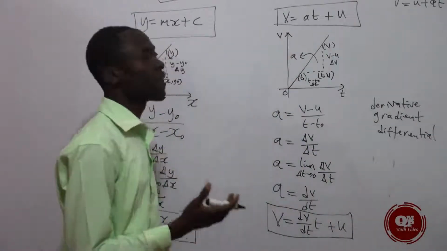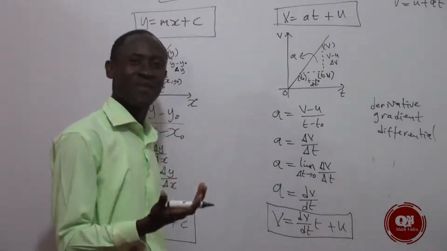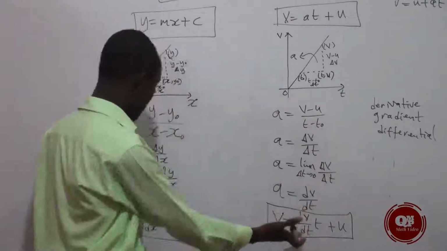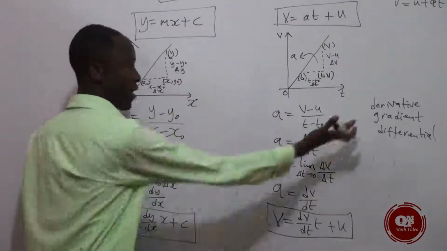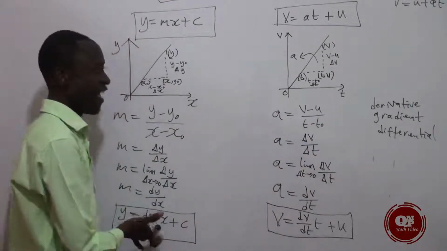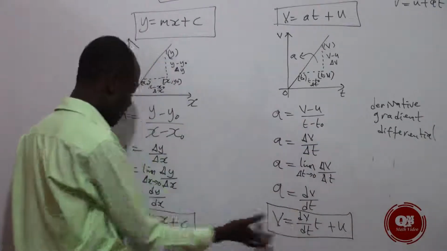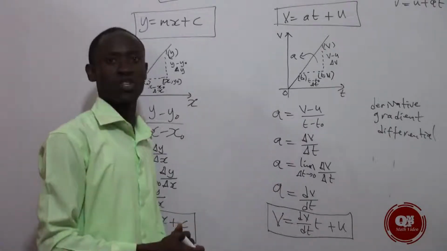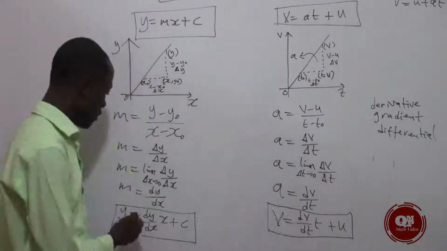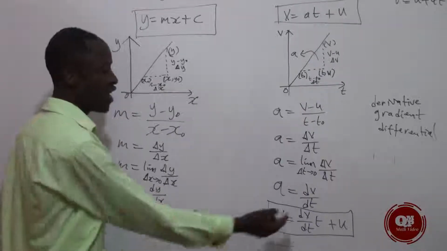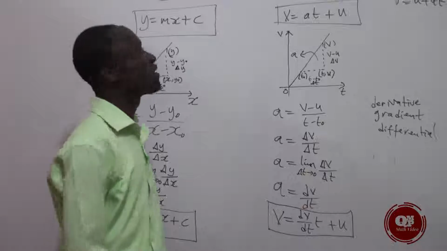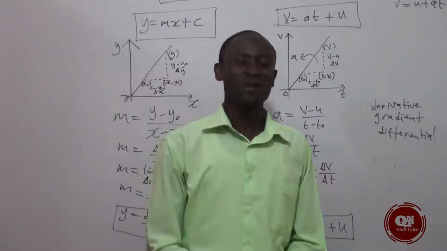So, when you talk of a differential equation, we are simply referring to an equation that involves a derivative like we have here, or a gradient, of course, as we have here, or a differential as we have here. This is all what we refer to as what? A differential equation. So look at the two equations. We have dy dx, which is differential. We have dV dt, which is also differential.